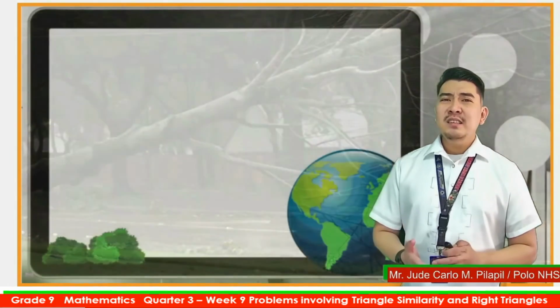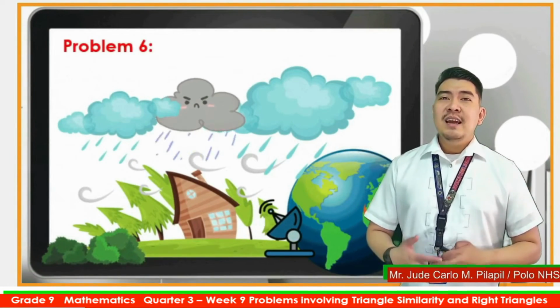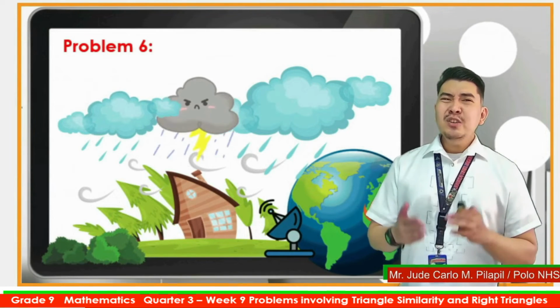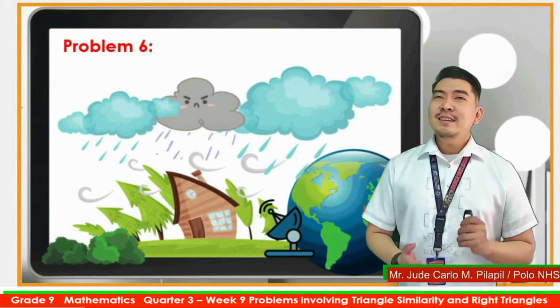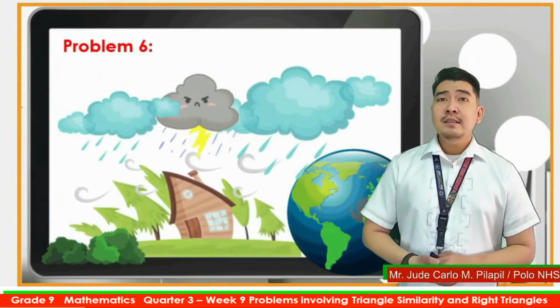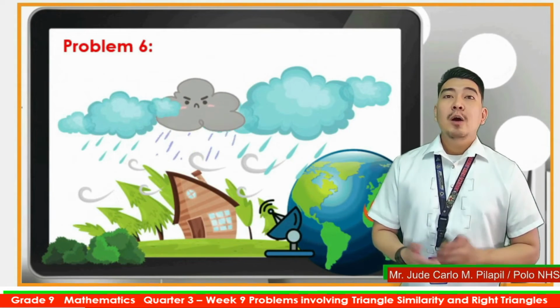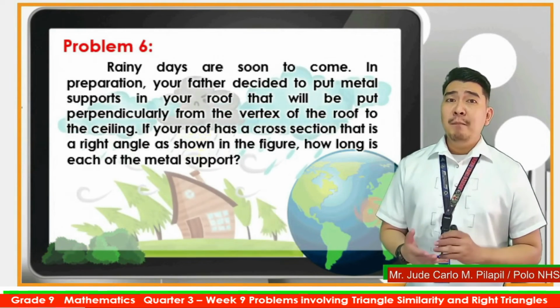As the dry season is about to end and the rainy season is about to come, we should always be prepared with the things that we need in case of disasters like typhoons, landslides, and flash floods. Problem number 6. Rainy days are soon to come.